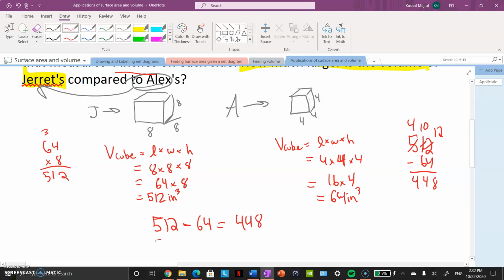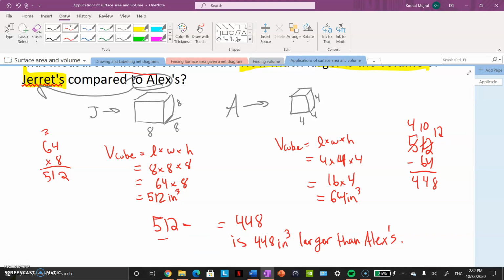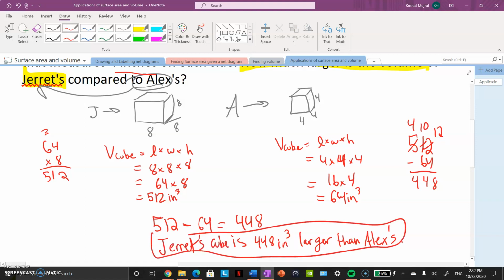So Jarrett's cube is 448 inches cubed larger than Alex's. Let me just rewrite this: 512 minus 64. Jarrett's cube. Okay. Box your answer.